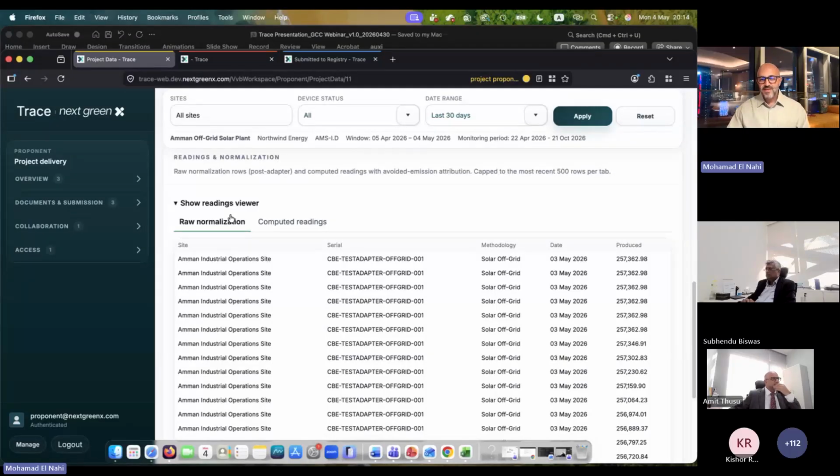Everything from the project, from raw data to normalized data, is ingested by the platform and flagged for any anomalies, any gaps, and anything that could represent a point of inquiry for the verification body that needs to do their job. This is in a nutshell. Does that answer the question?